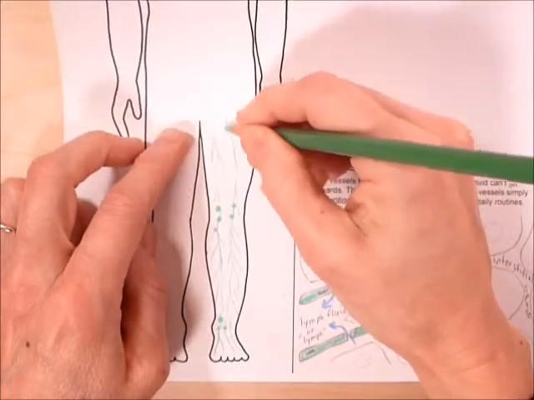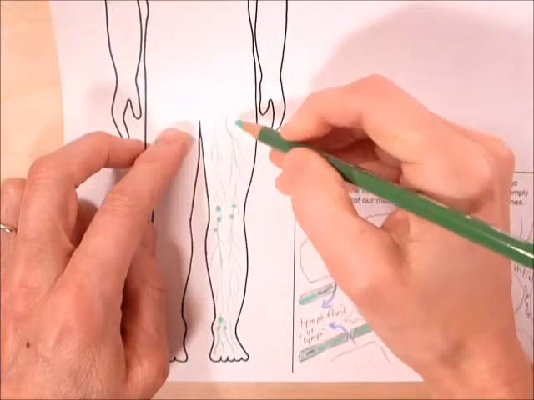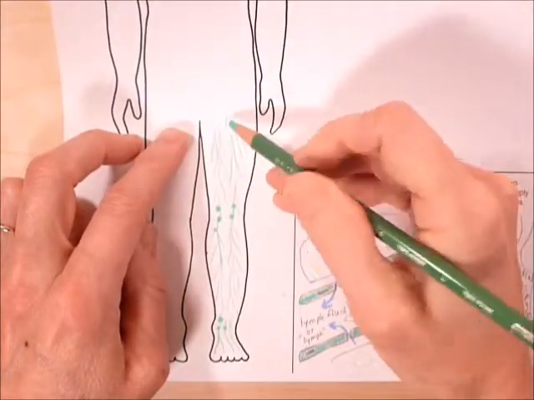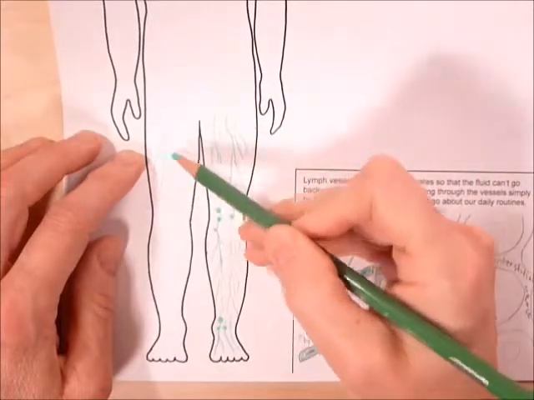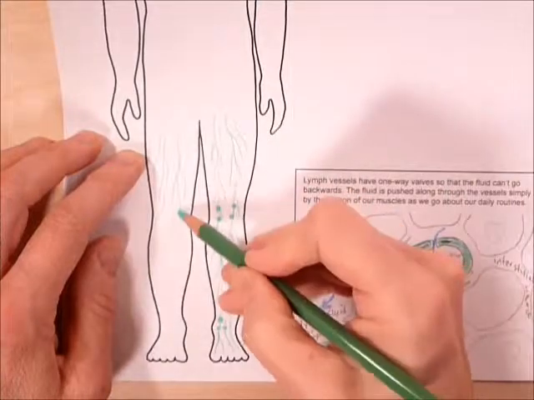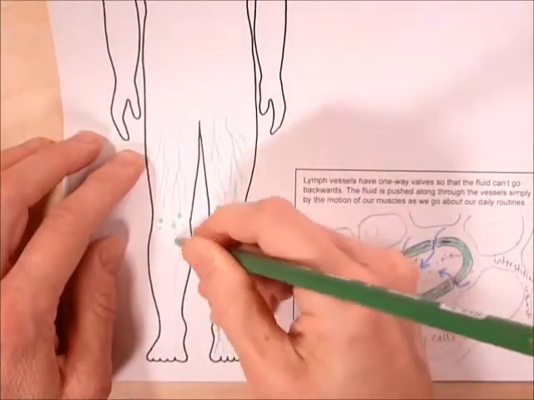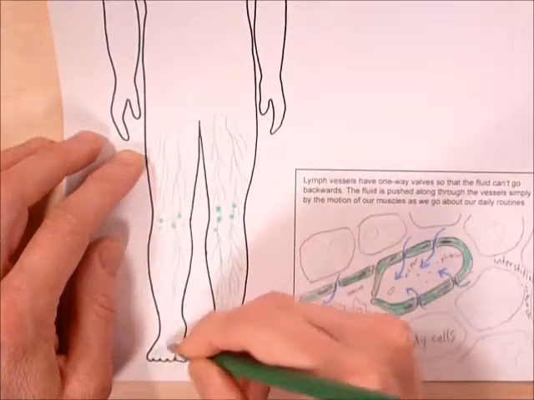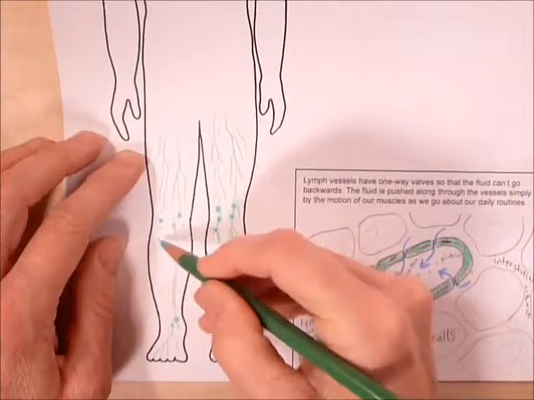So we're going to go back up here. Don't worry about being real specific. That's good enough, right? Okay. And then let's do the other leg real quickly. Down here. Just so it kind of looks something right. Down here. Little tiny ones in the toes. Maybe put one or two down in the ankles there.